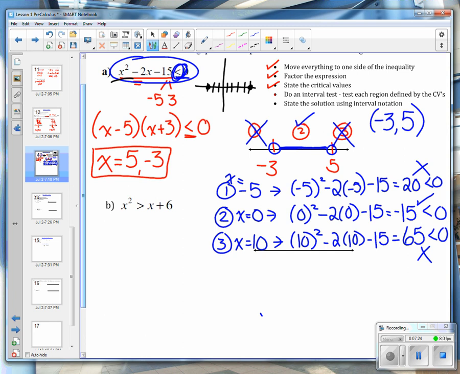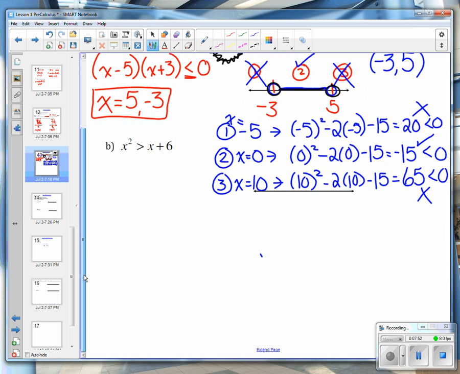This is a quadratic, so I know that this is going to be a happy face graph. And we're looking to see where my graph is less than 0. Well, obviously less than 0 is going to be all in this section, which is exactly the same as this. It's in between negative 3 and positive 5. So again, just a really visual way of seeing your solution, and definitely a lot quicker than doing those test intervals.